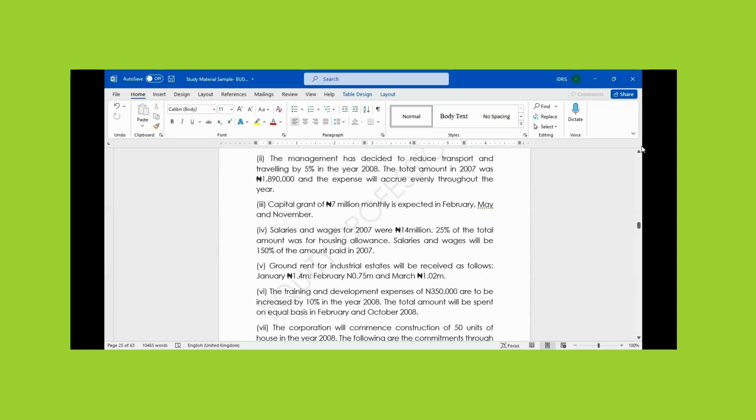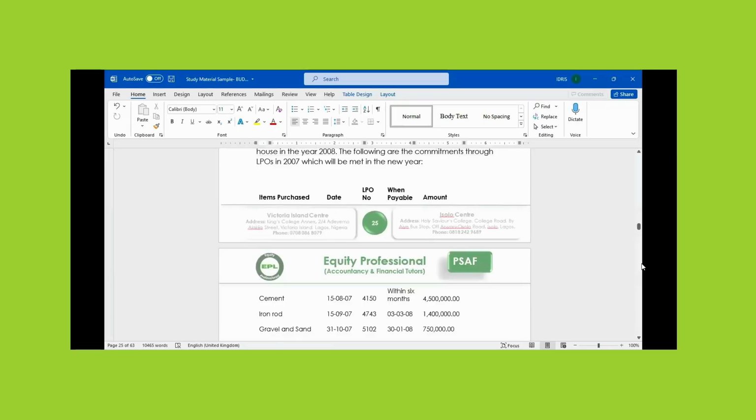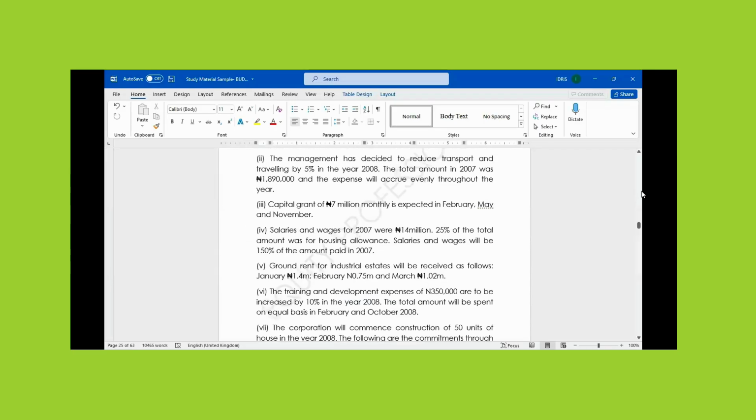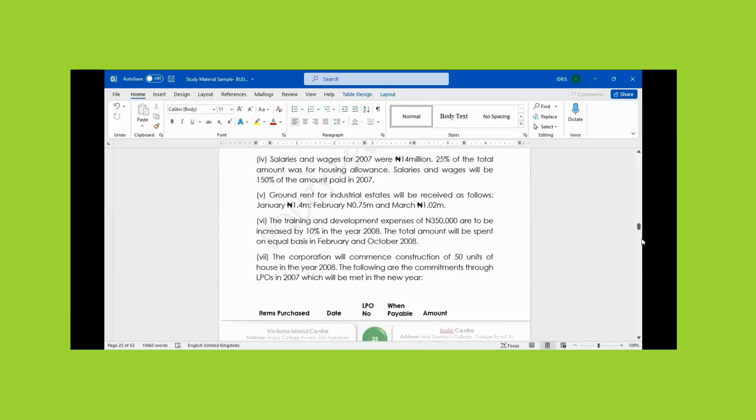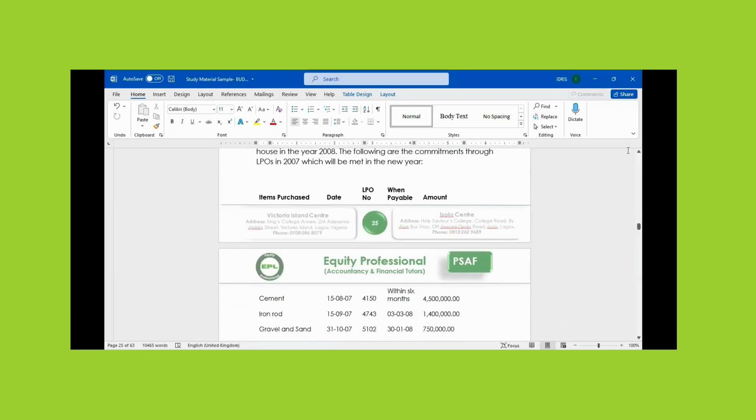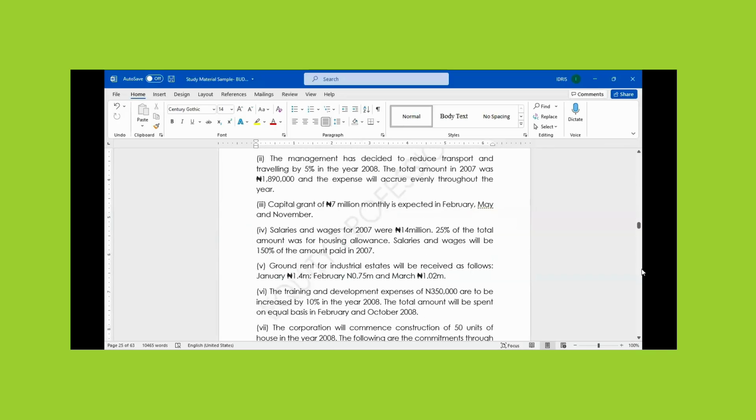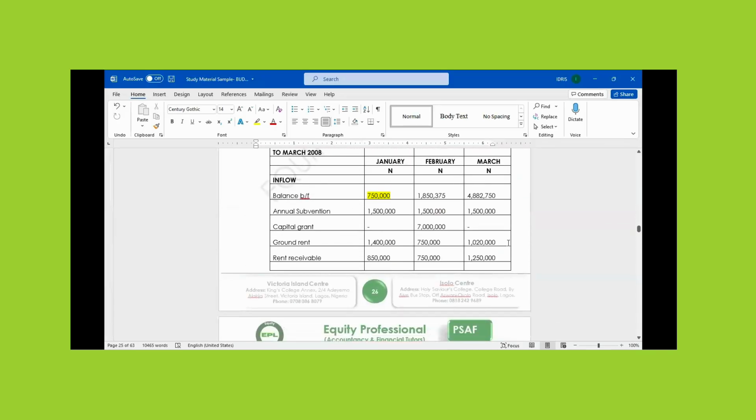So how much are we going to receive in January? 1.4 million. February income, 750,000 naira. March income, 1,020,000. So you just go to your inflow. You say ground rent in January 1.4. Can we see that? Yes.